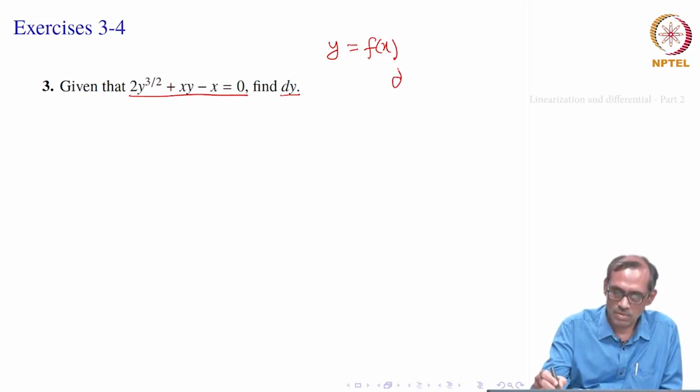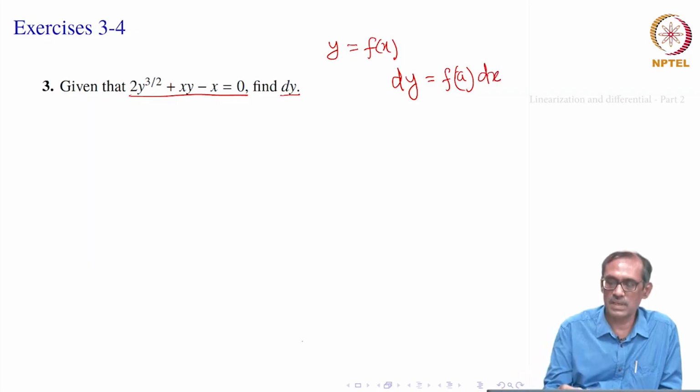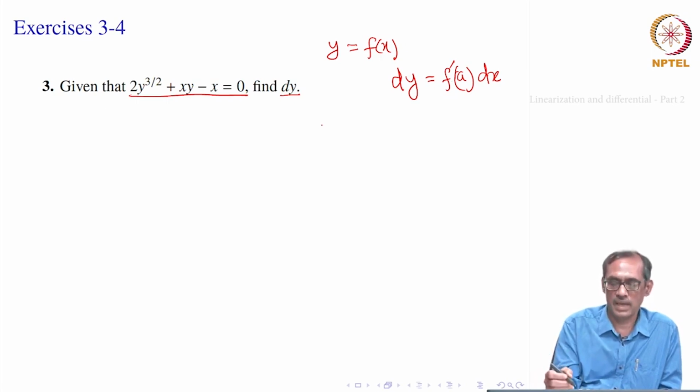So, as you know, differential is equal to f prime at a times the increment in x. And what is this a here? Given some a, you can find the differential. If you change this a, then your differential value also will change.